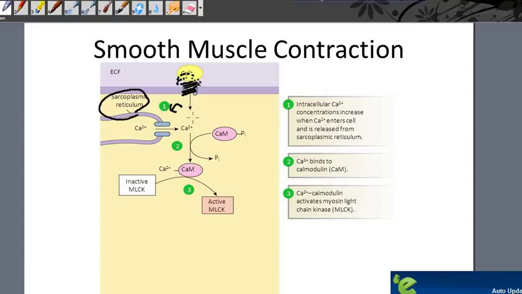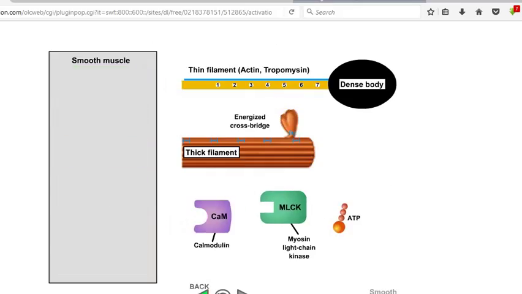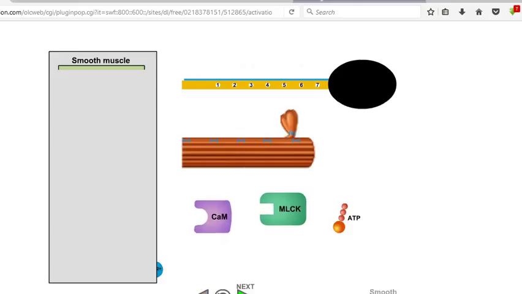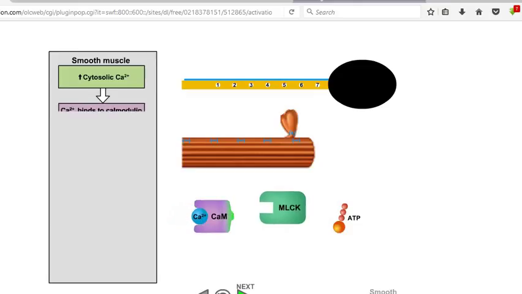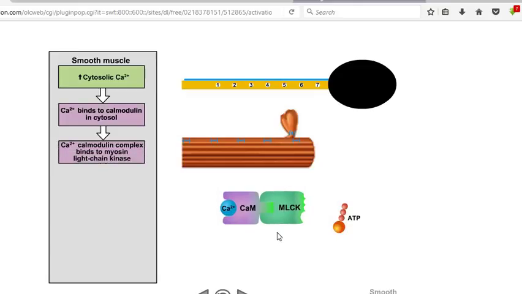So there will be no calcium in your cytosol. When there will be no calcium in the cytosol, this process, the formation of the calcium-calmodulin complex, will not occur, right? Because it doesn't have calcium. And when this calcium-calmodulin complex does not form, it cannot activate myosin light chain kinase, right?